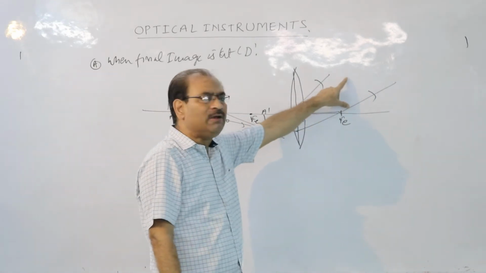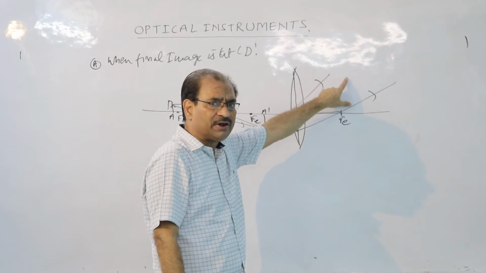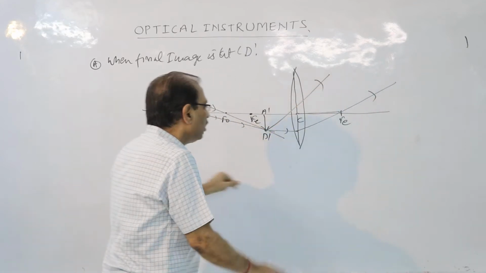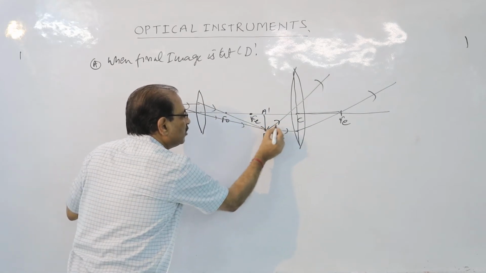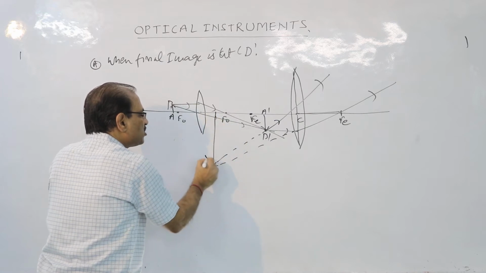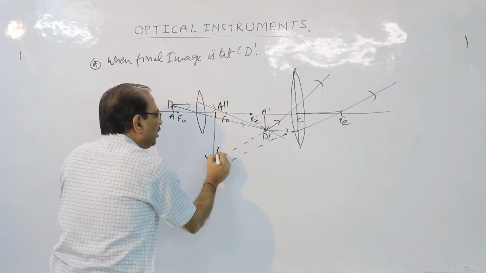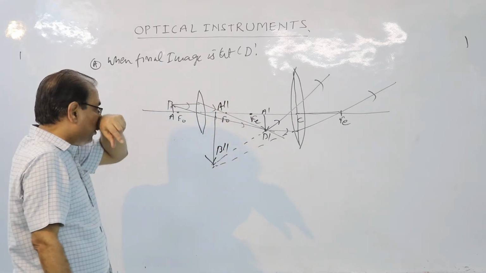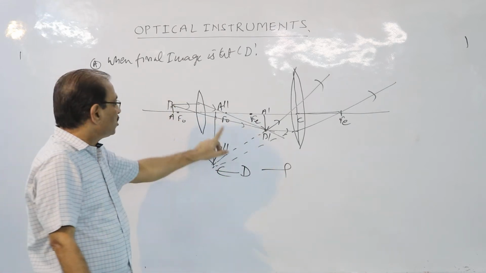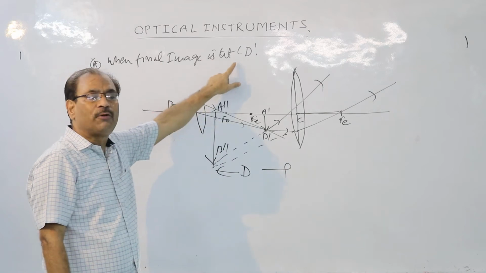Children, these two rays are diverging here, they will not be meeting in this region. If you look from here, it will appear as if this ray is coming from this point and this ray is coming from this point. This is the final image at A double dash, B double dash. Need not tell you, this separation is called D. So children, this is case number one, when the final image is formed at D.